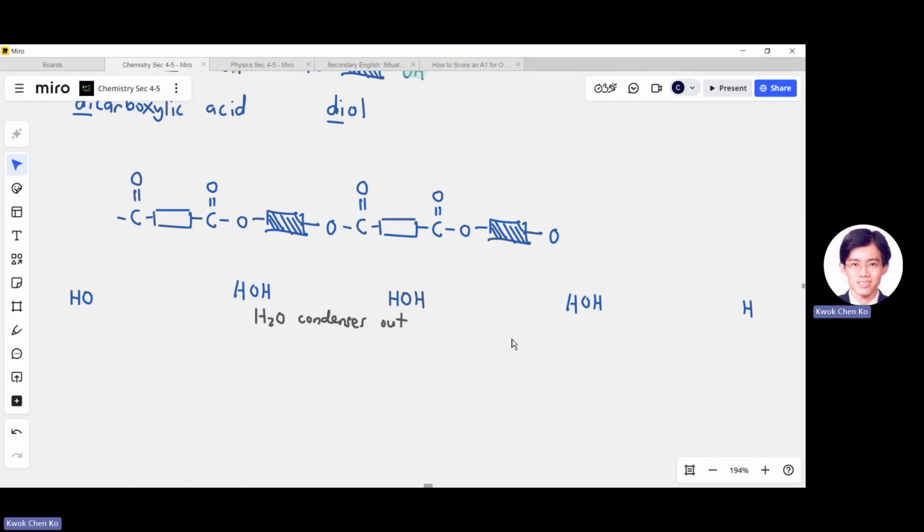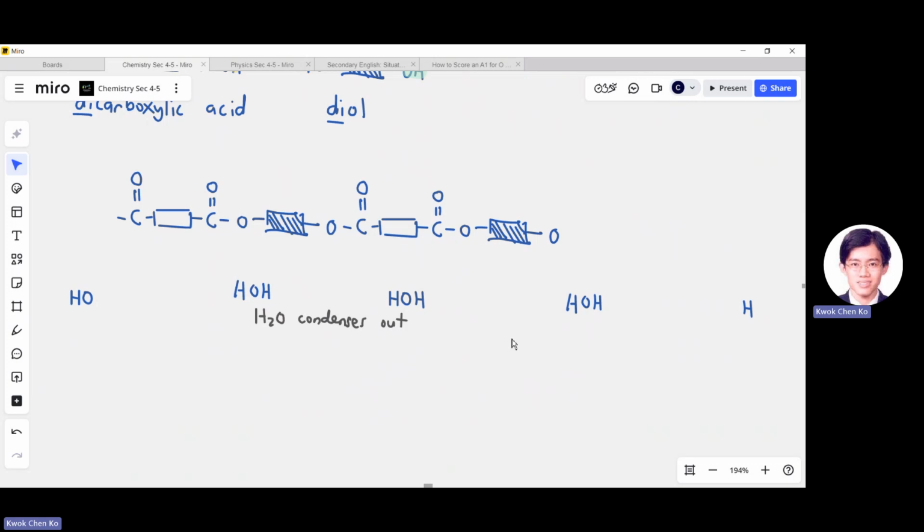If you are asked to draw one repeating unit. Okay, Arena, you too.